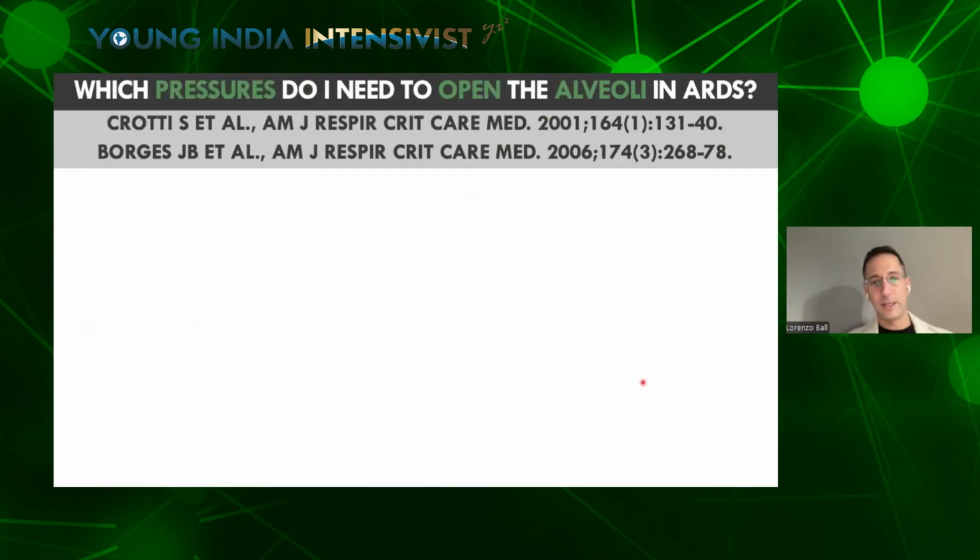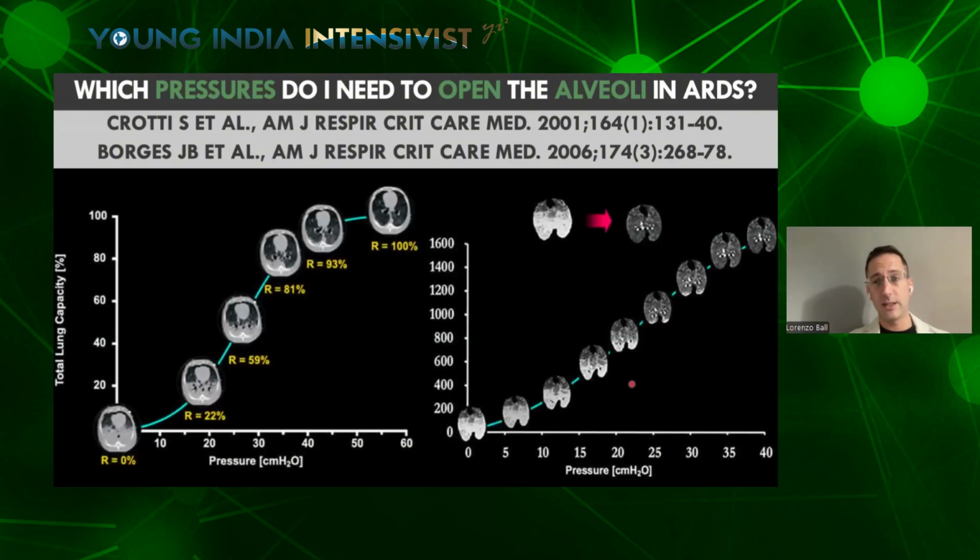But in critically ill patients, how much pressure do I need to reopen the alveoli that are collapsed for the mechanism that we have discussed before? These are very famous slides from the group from Milan, in which we see that if we apply increasing pressure, we get more and more aeration in the lungs.